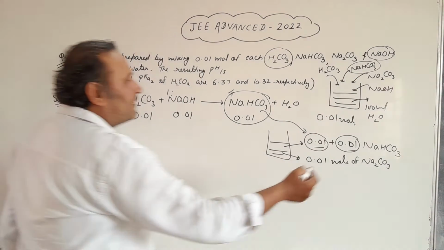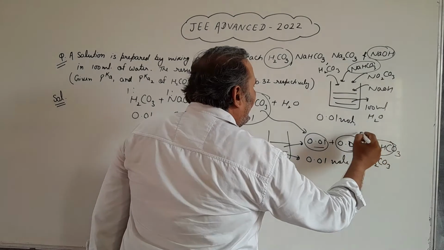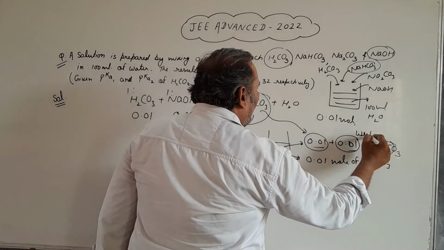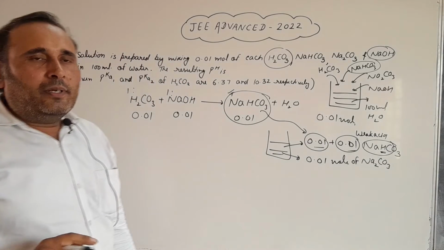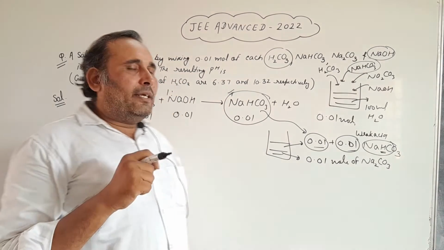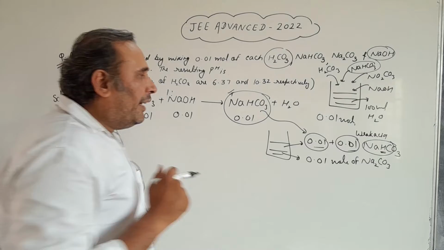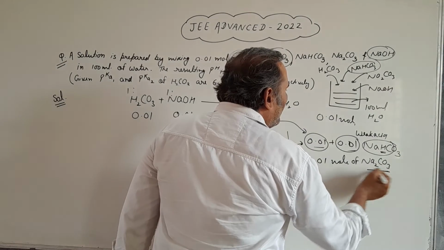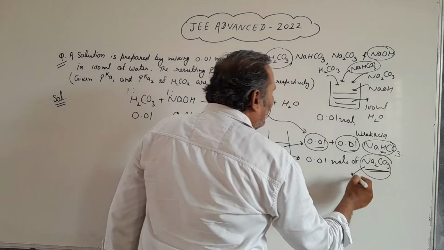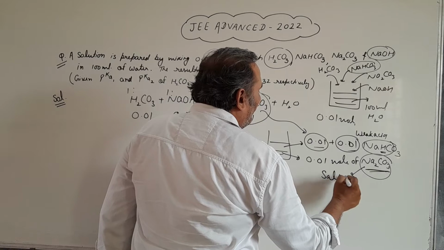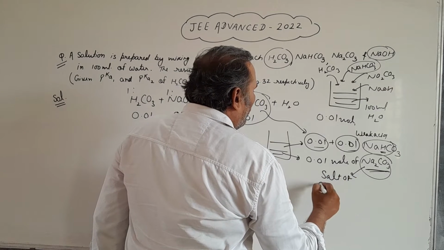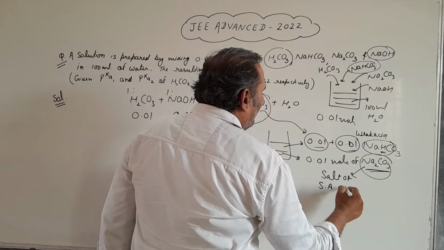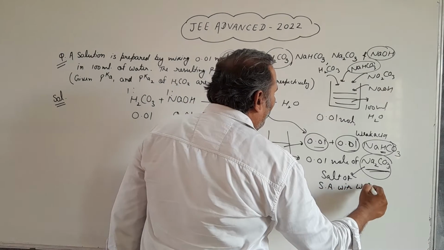Now we can understand that NaHCO3 will behave like a weak acid, because it has one acidic proton that can be given to a base, and Na2CO3 is the salt of weak acid with strong base.